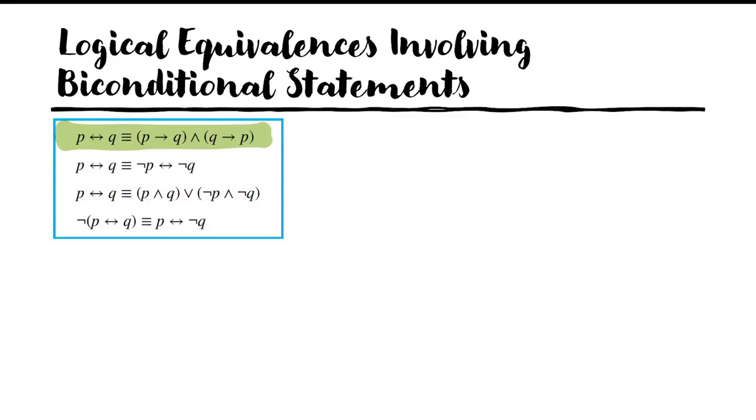Now the next one you have: P if and only if Q is the same as not P if and only if not Q. For an if and only if statement, they will either be both true or both false. So if P is true, it will imply Q is true, and vice versa. If P is false, so you have the negation of P, that will imply the negation of Q as well, and vice versa.